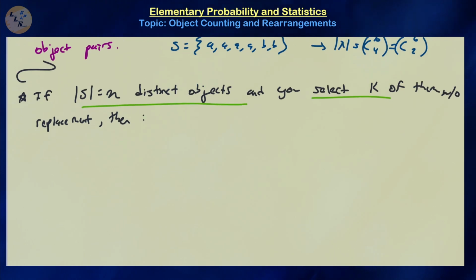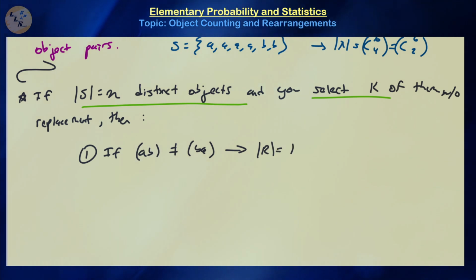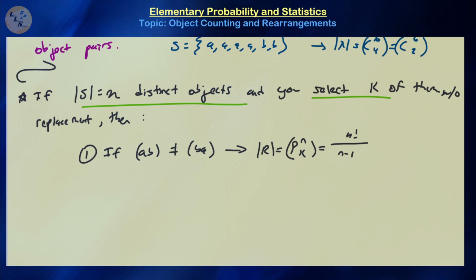So if that is the case, we've actually already shown that if AB and BA are treated as different, then the number of rearrangements is equal to P(n,k), or n factorial divided by (n minus k) factorial.